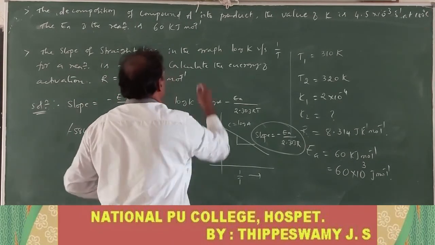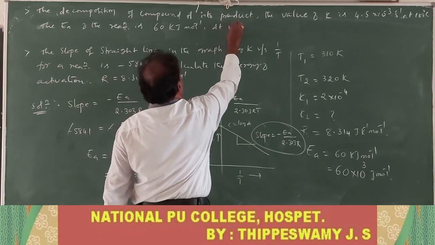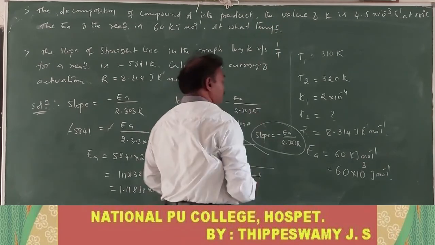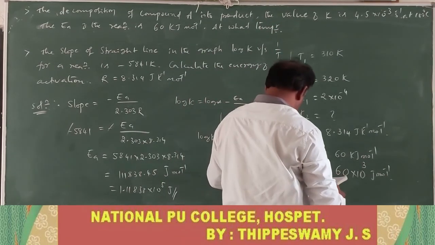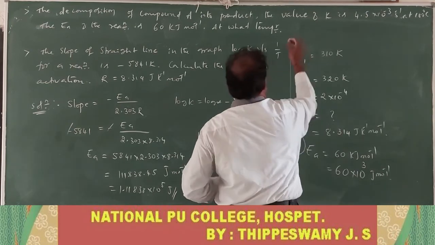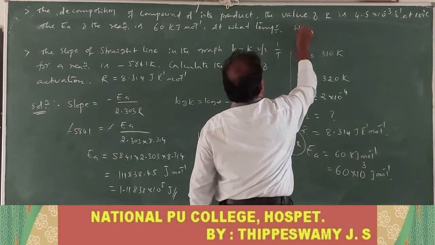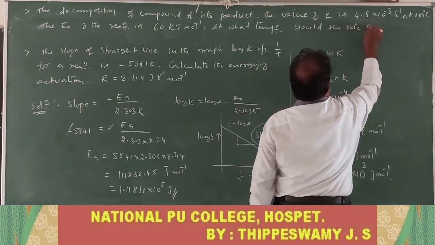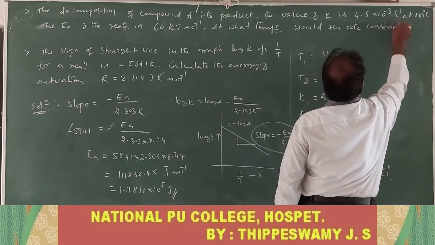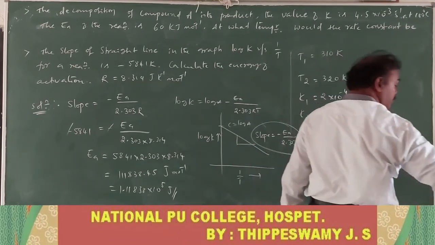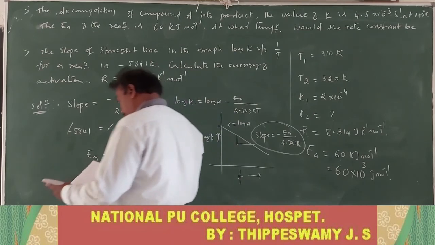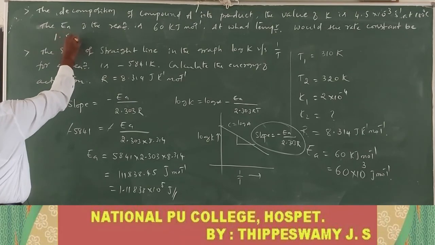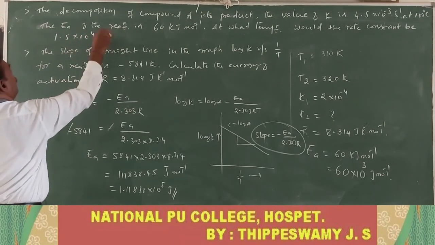At what temperature would the rate constant be 1.5 into 10 to the power 4 per second?